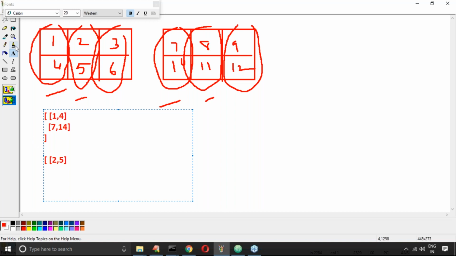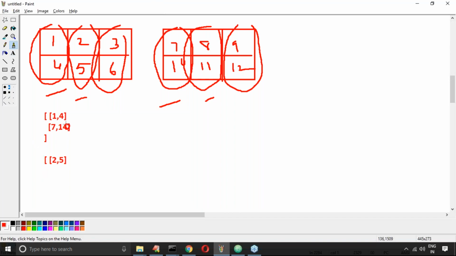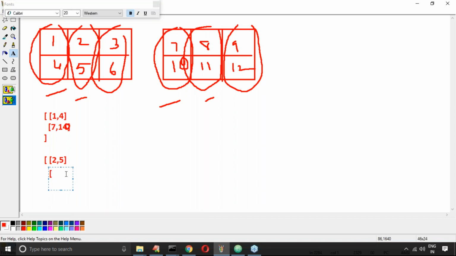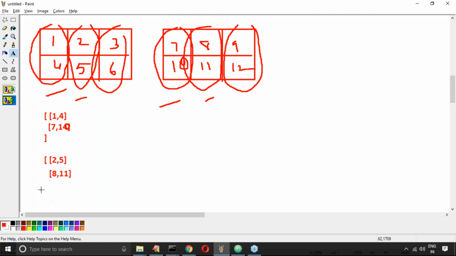Sorry, that was by mistake. Okay, 2, 5, next 8, 11. I'm trying to take 8, 11. This is the second 2D array.